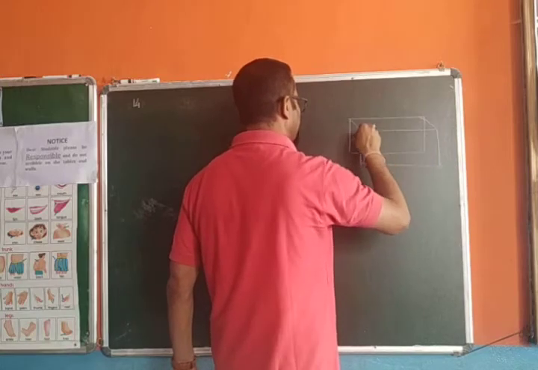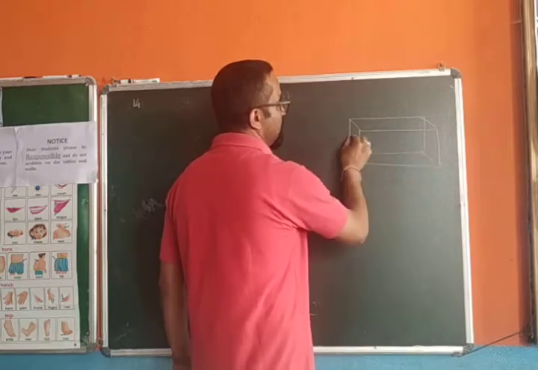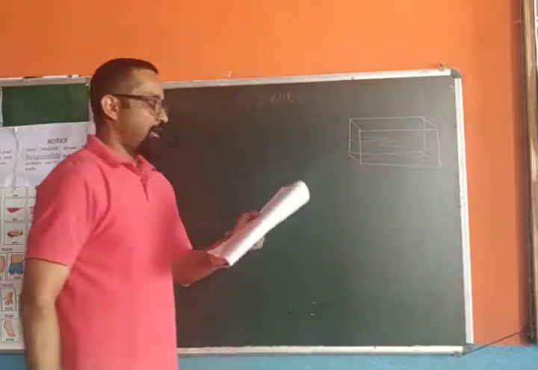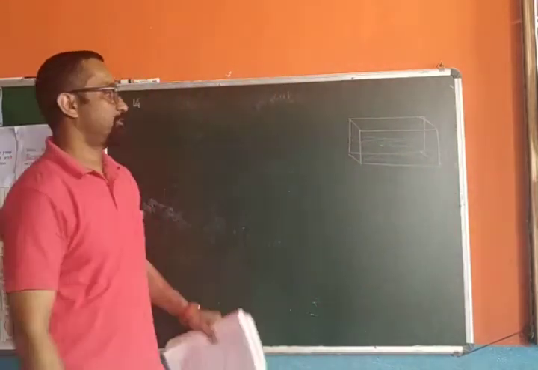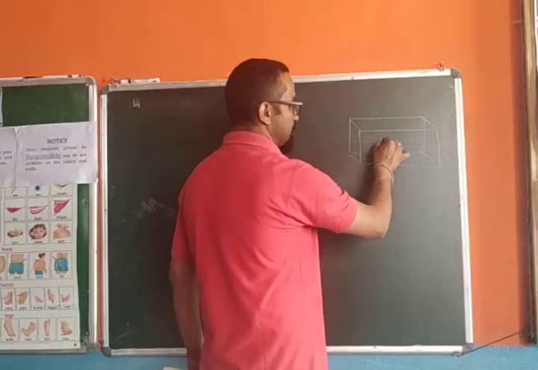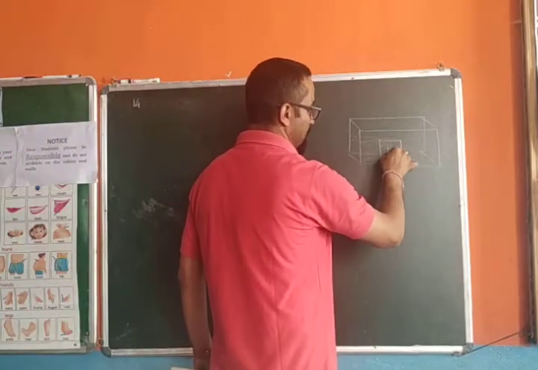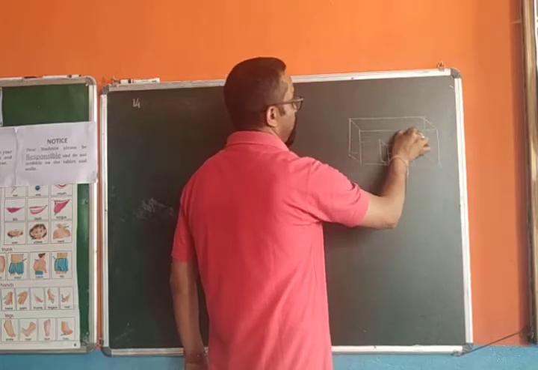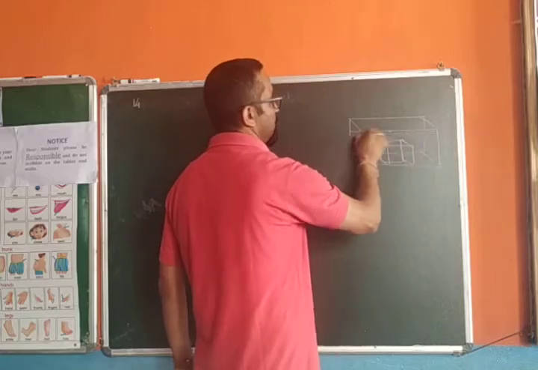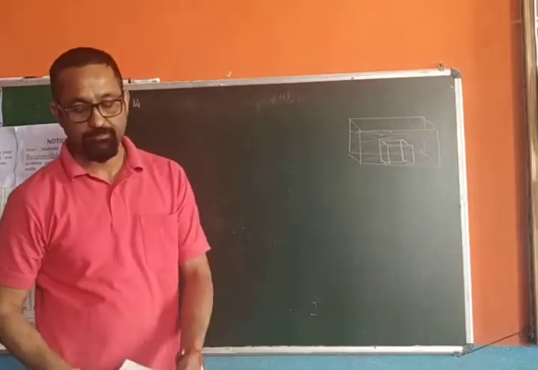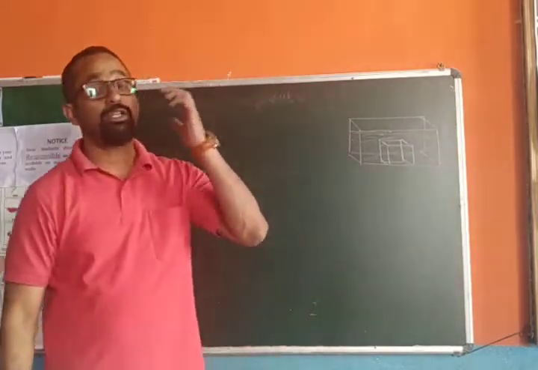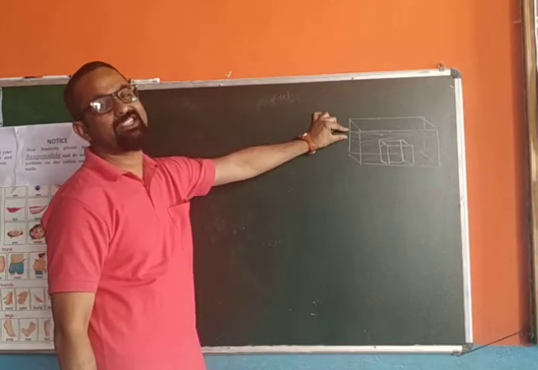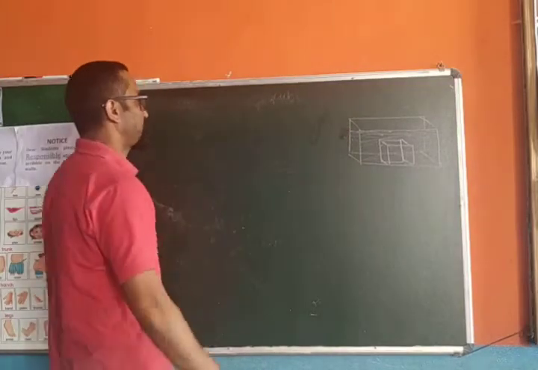This rectangular cuboid contains water. One cube is immersed inside, and as we are immersing the cube, the water level increases. So you need to calculate by how much there is a rise in the level of water.